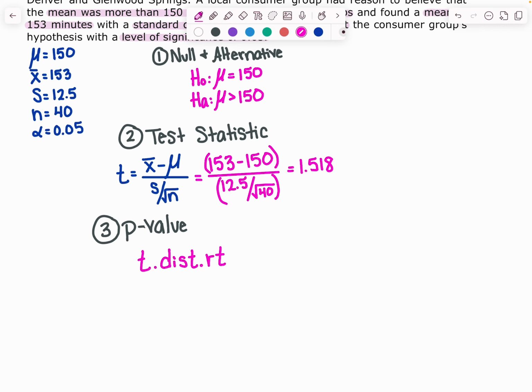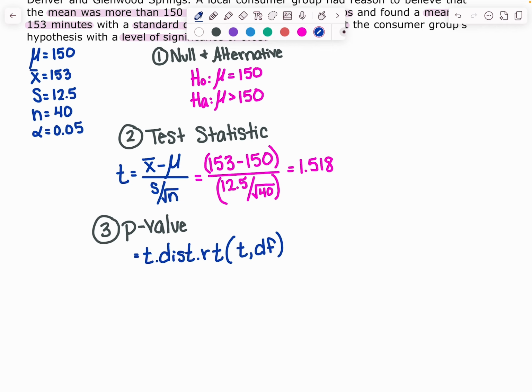And when we go into t.dist.rt, let me actually write this out differently. I'm sorry, I'm changing my mind on this. t.dist.rt. First, we're going to plug in the t-score that we calculated. And then we're going to plug in the degrees of freedom.